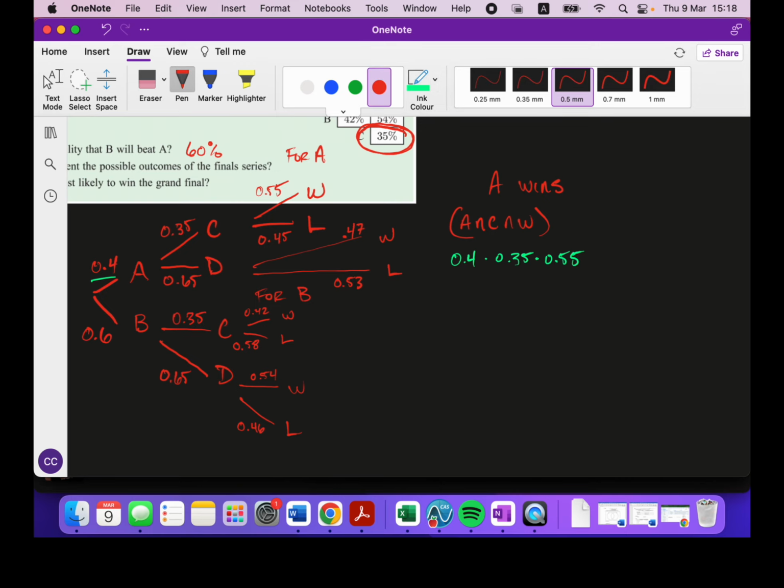But there's another way that A can win, and that's when A plays D and then beats D. Okay? So for that, we need to add along that trail. So that's 0.4 times 0.65 times 0.47. Okay, so that will be the probability that A wins.